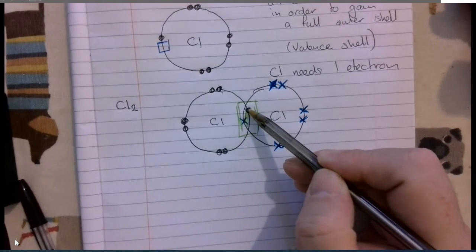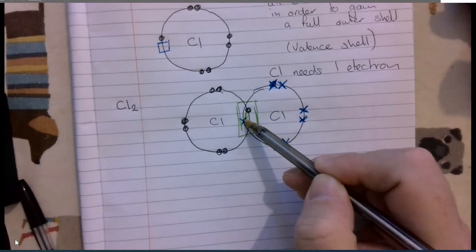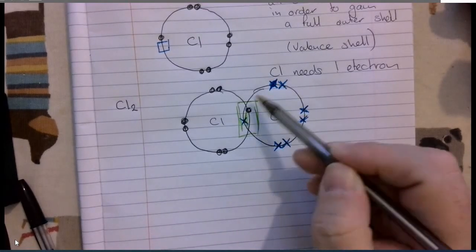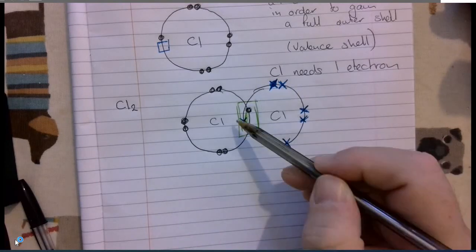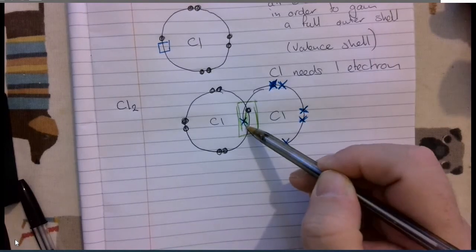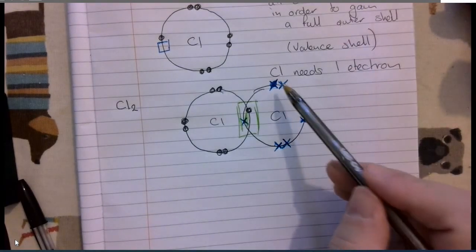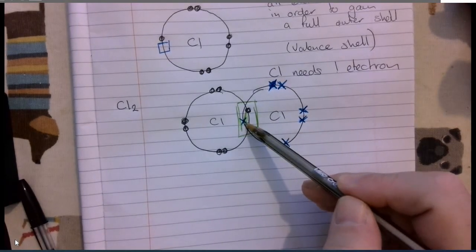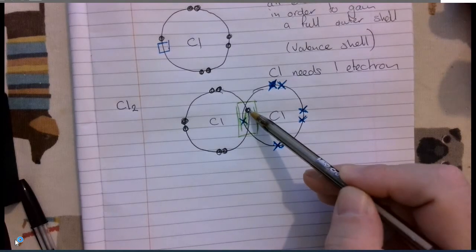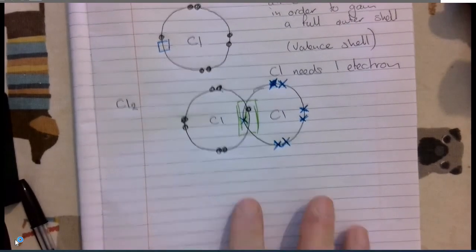One dot from its orbit, electron, and a cross from the valence shell of the neighbouring. So it's sharing this bond. If I do the same with this one, 1, 2, 3, 4, 5, 6, 7, and the one it's sharing, 8. So that is essentially what a covalent bond is.